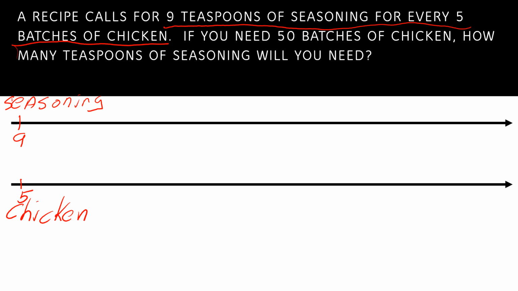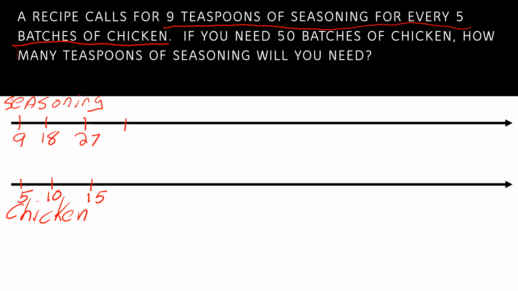If this recipe continues and doubles, we will have 18 teaspoons of seasoning for 10 batches of chicken. As the pattern continues, we'll have 27 teaspoons of seasoning for 15 batches of chicken.